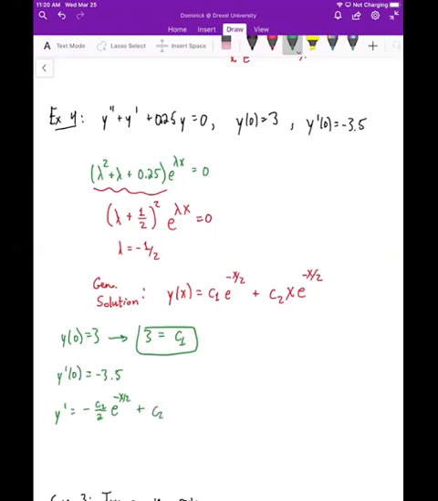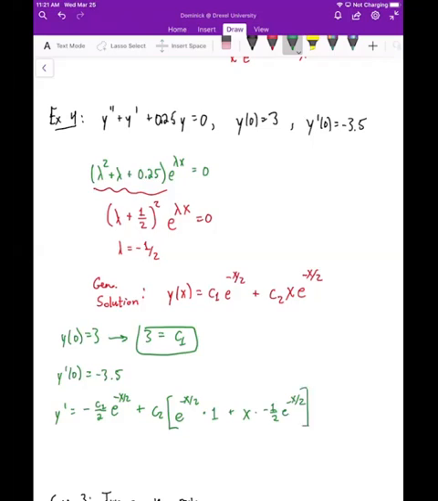So we'll have a C2. And then if I take the derivative of x, I have an e to the negative x over 2, and then times 1. And then I have an x times negative 1/2 e to the negative x over 2.